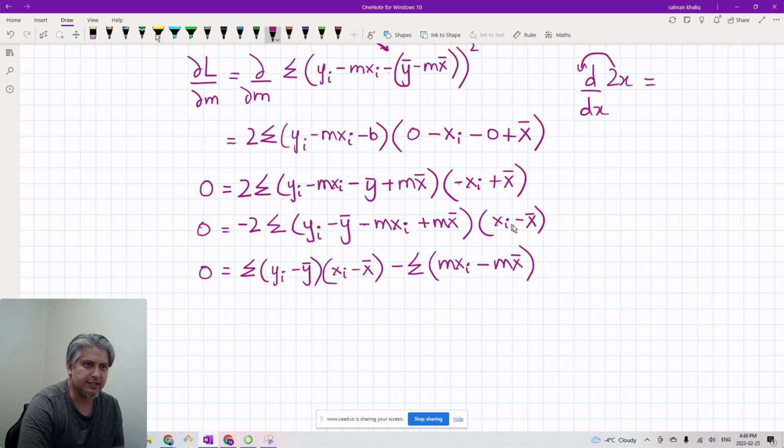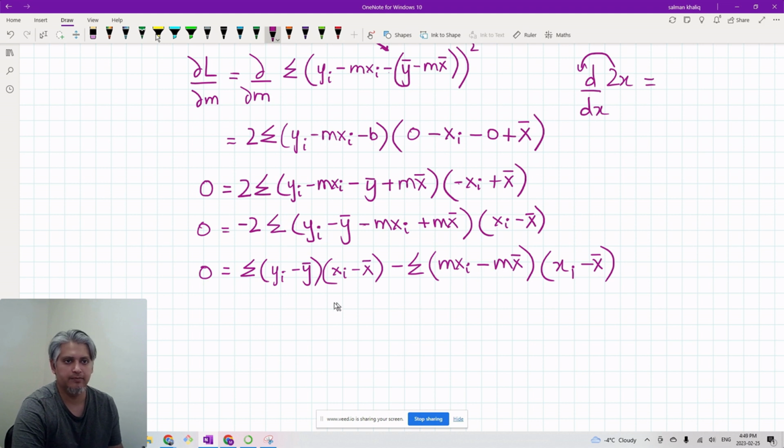And this xi minus x bar is getting multiplied with this section as well. So I will do xi minus x bar. Here you can see xi, x bar, something is common. M is common. I can pull out that M. Here, yi, something like this. So if you look closely over here, my equation would turn out to be, so this is a negative, which means this whole term, I can move it to the other end and I will get this whole term equal to this term.